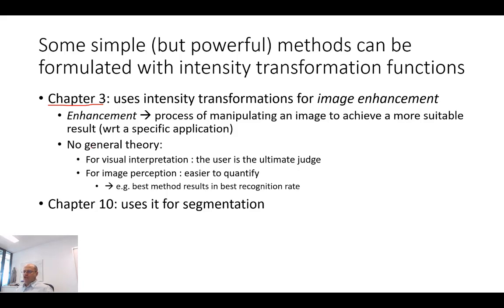There is no general theory for image enhancement. It's basically used for visual interpretation, where the user is the ultimate judge. The user is going to tell if and how well a method works. And for image perception, it makes the results easier to quantify.